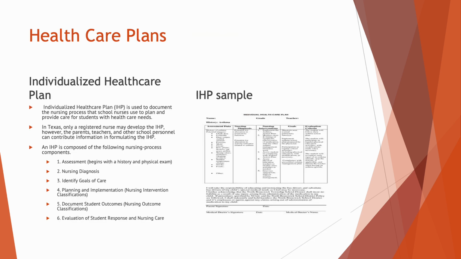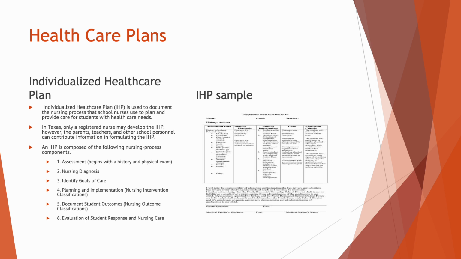Parents and legal guardians are responsible for providing students' health care information. Once the student's health care information has been received, the school nurse will initiate an individualized health care plan.